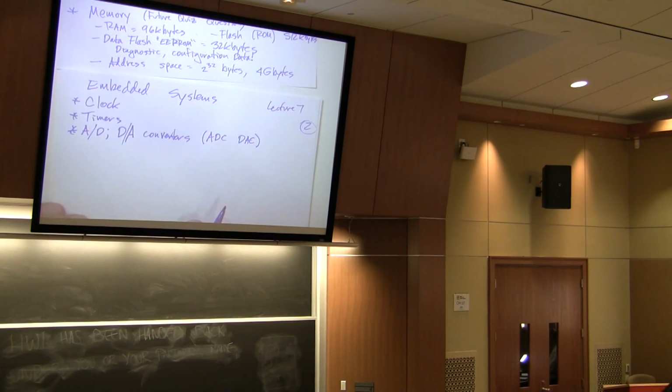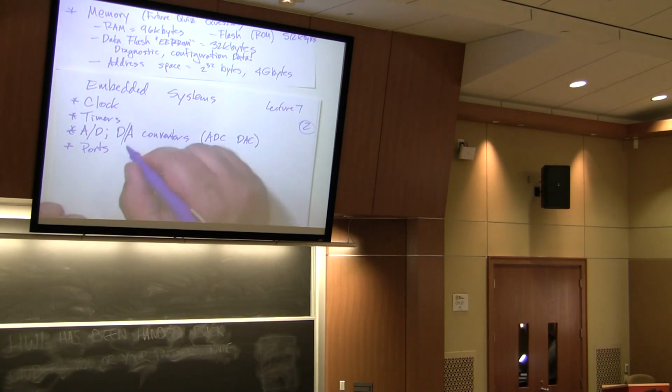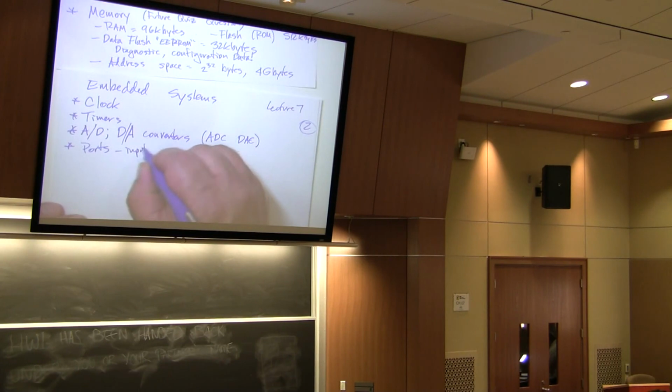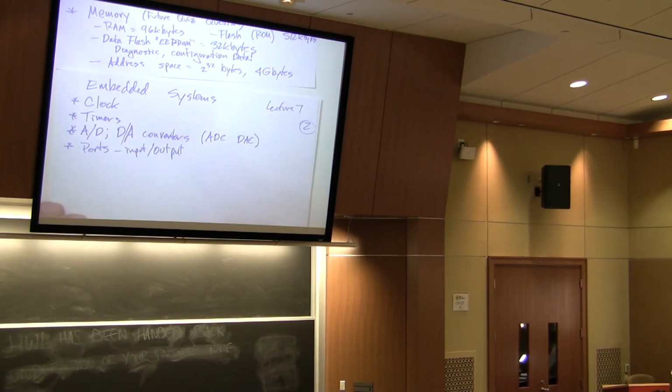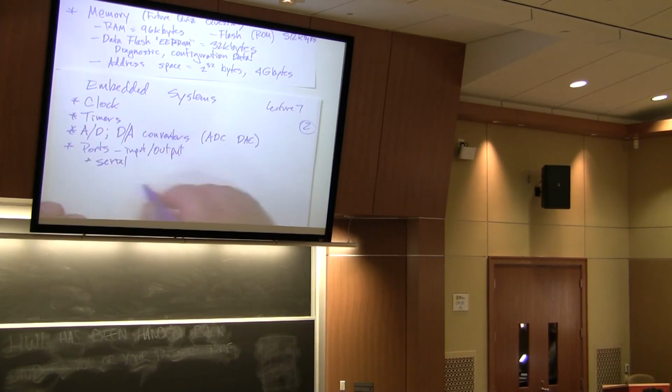And what other wonderful things do we have? We have ports, which will be our input, output. But maybe I should say, in particular, what kind of input and output? Well, we have different types of things, like serial.